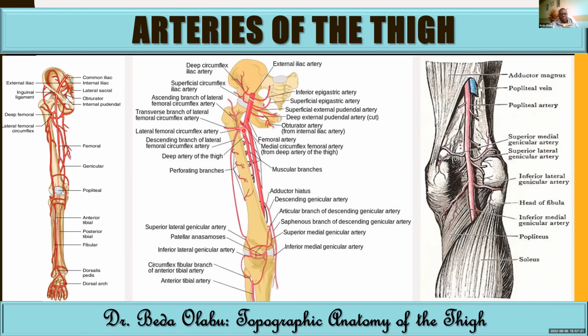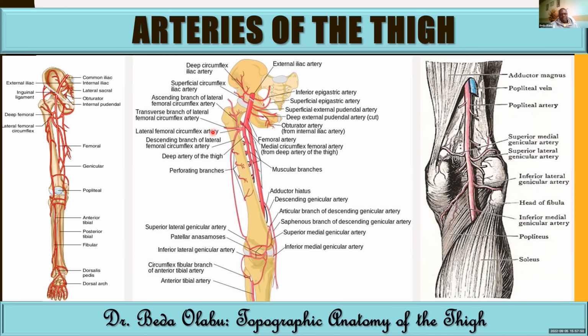Let's talk about the profunda femoris artery, also called the deep femoral artery. The profunda femoris artery gives you many branches which supply the thigh. Some of those branches are named, and I want to talk about the ones which are named. In particular, it gives you some arteries which go around the proximal femur, and so we call them circumflex femoral arteries.